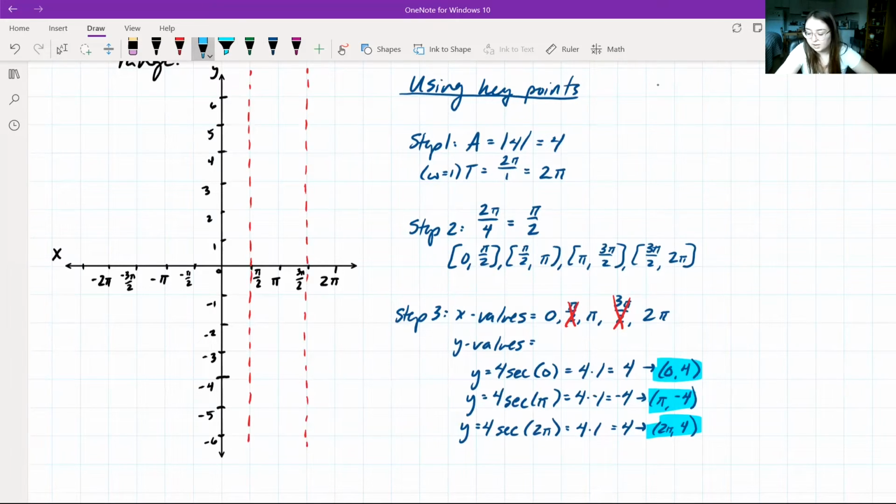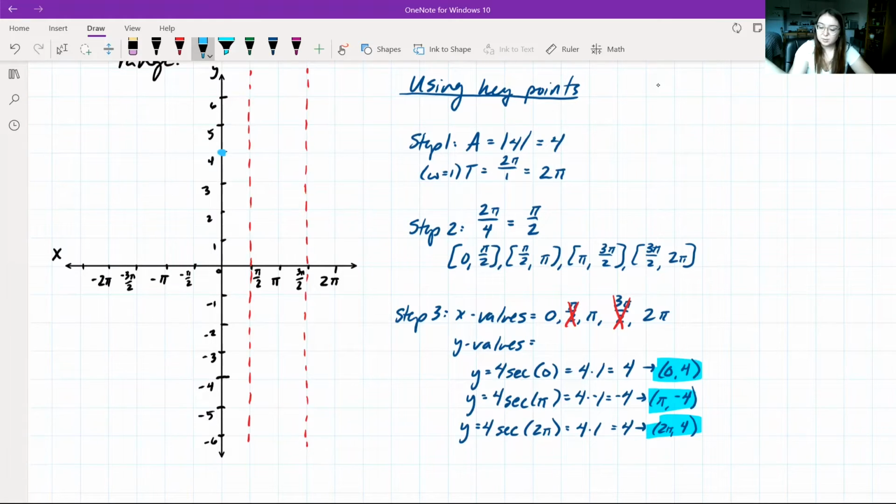So our first point is (0, 4). And we know that the key attributes of graphs of cosecant and secant are that they look like parabolas between given vertical asymptotes. Since our graph of sine or cosine has those curves, we see that they connect at the tops of those curves and they become parabolas.